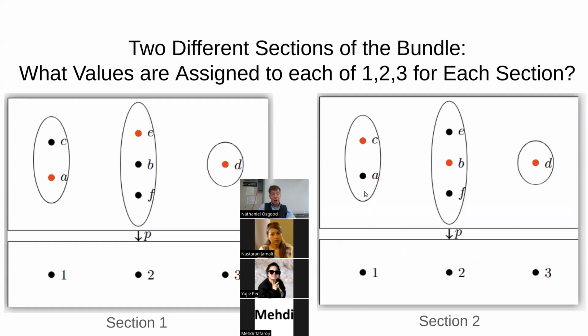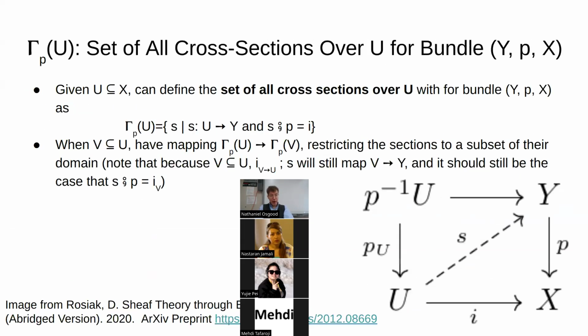For any section, we can restrict it down to V. Any section over U, like here, C and B, we can restrict down to a section over V, say over 1. We can do that for any of them, right? Any of this set of sections, we can restrict.